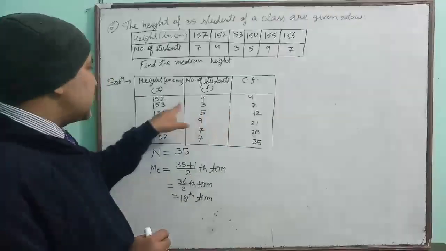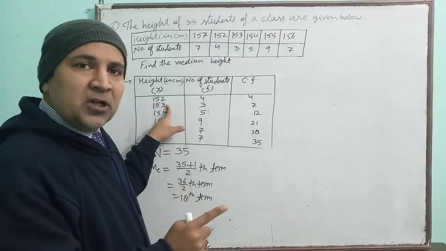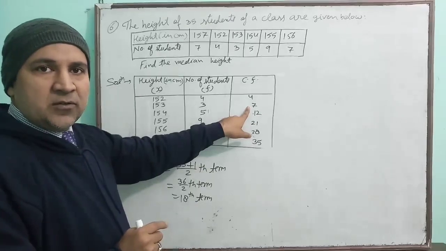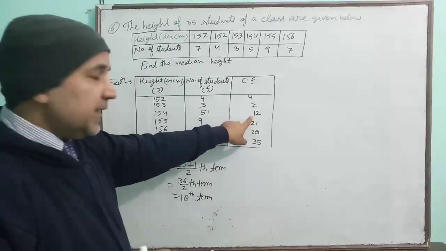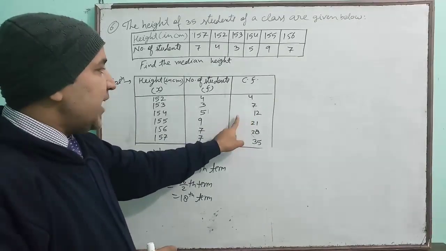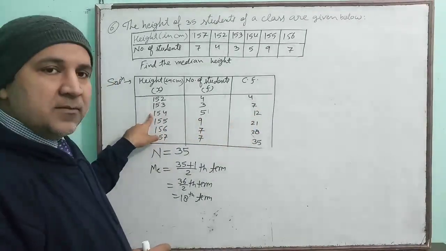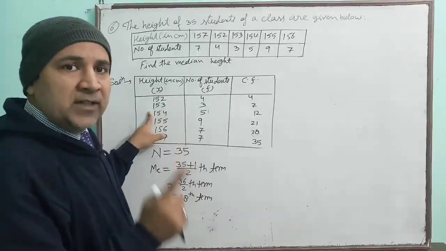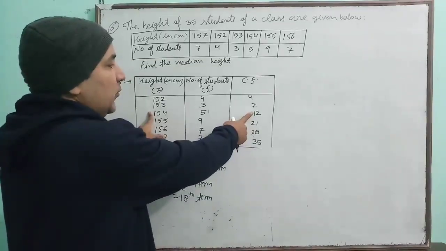The 3 observations are these. 153 is the 5th also, 6th also, and 7th observation also. After 7, the cumulative frequency is 12. It means 8, 9, 10, 11, 12. All the terms are these. That means 154 is the 8th term also, 9th term also, 10th, 11th and 12th also.